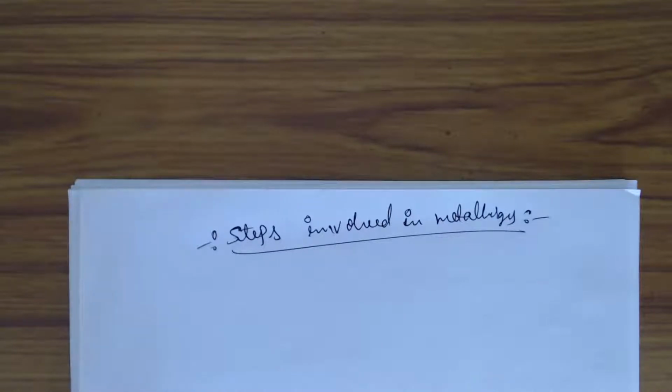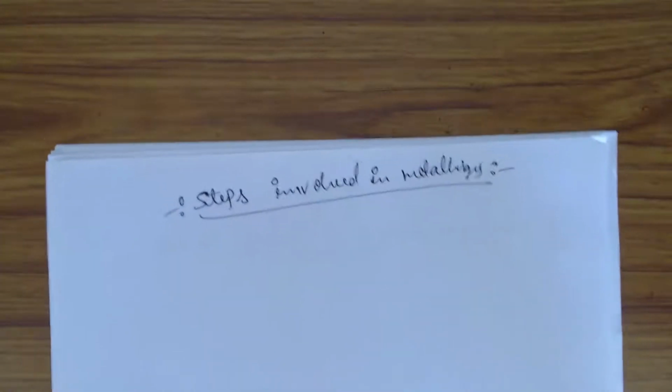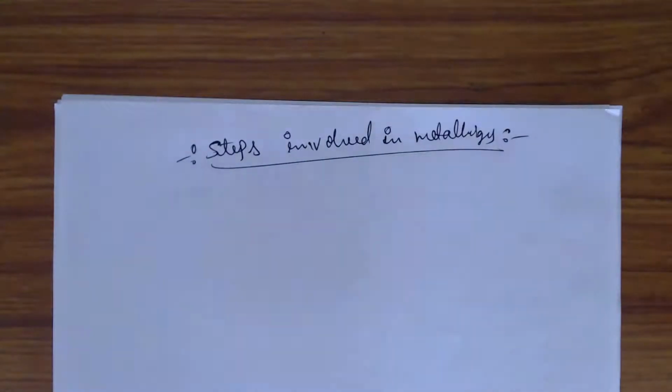Once the concentration of ore takes place, what is the concentration of ore? Removal of unwanted impurities present in the ore particles. Once we remove the unwanted impurities as gangue particles, then we get the concentrated ore. So that concentrated ore is converted into what? Oxide. The ore may be in the form of carbonate, in the form of oxide, in the form of sulfide.